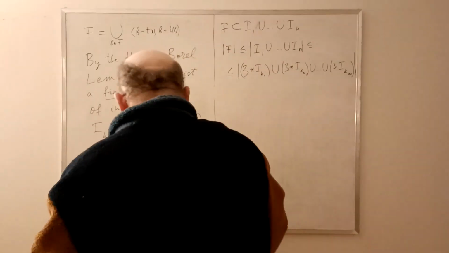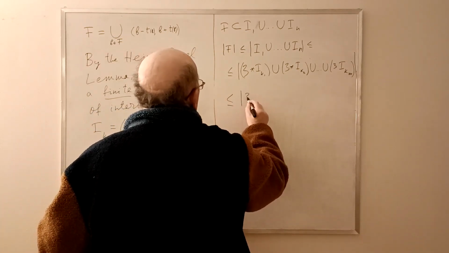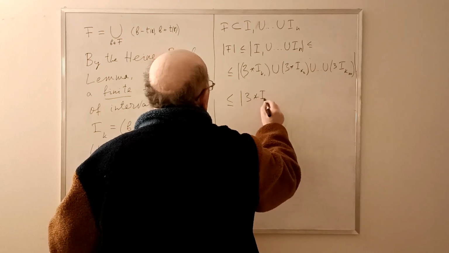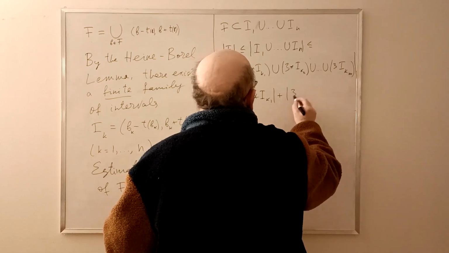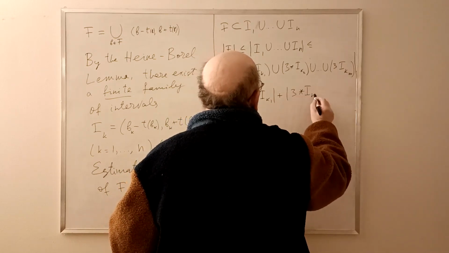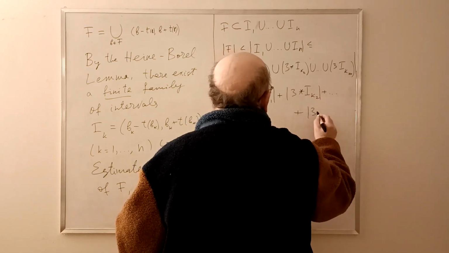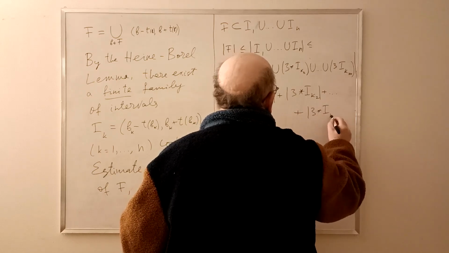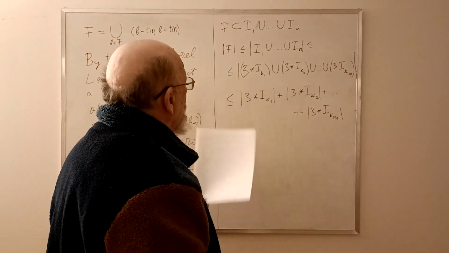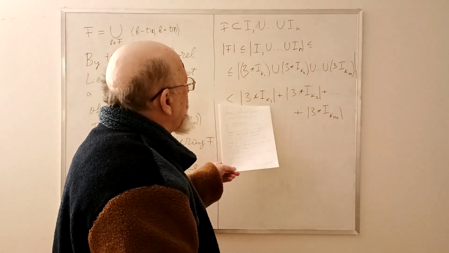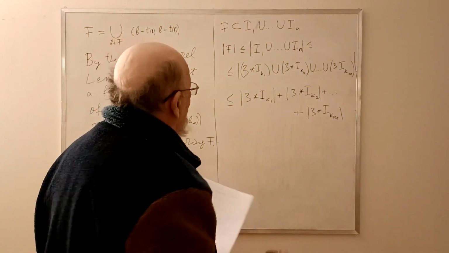And this is less or equal than the length of 3 times i k1 plus the length of 3 times i k2 plus, and so on, plus the length of 3 times i km. Now, the length of a tripled segment is 3 times the length of the segment.